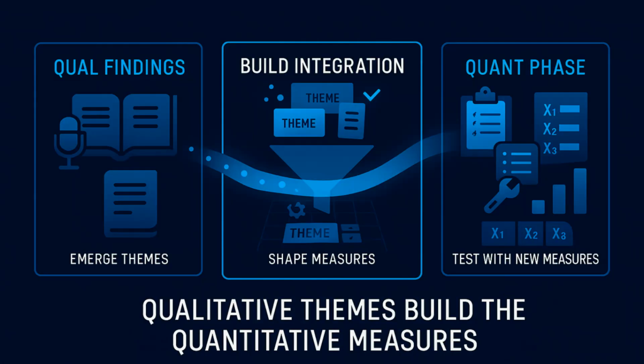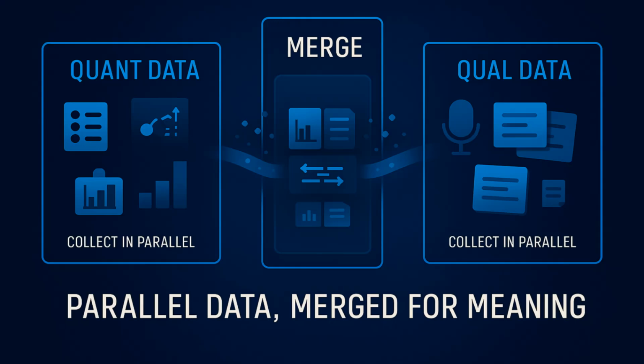Integration often happens by building, where the qualitative findings shape the instrument or variables used in the quantitative phase. In convergent mixed methods, both sets of data are collected in parallel, and integration happens through merging, where results are brought together for comparison at interpretation.